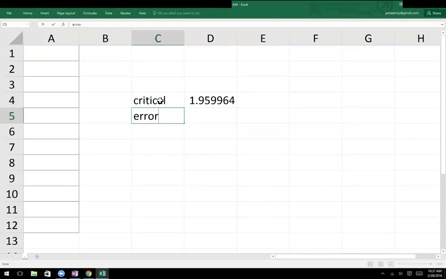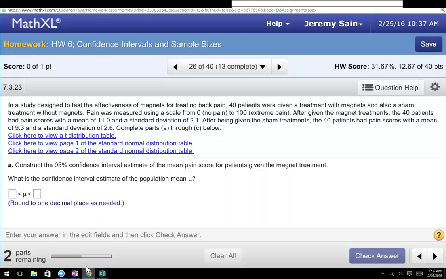All right, for my error, well, let's do the two groups. So the magnet group, that's the problem. It was 11 and 2.1, right?